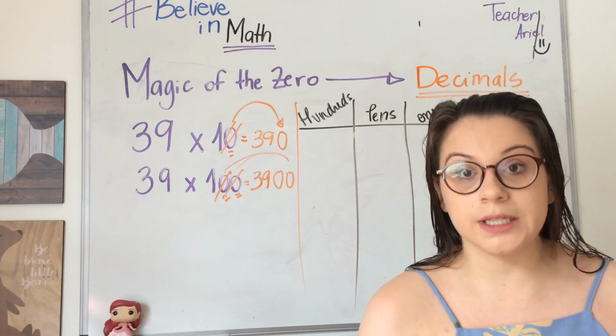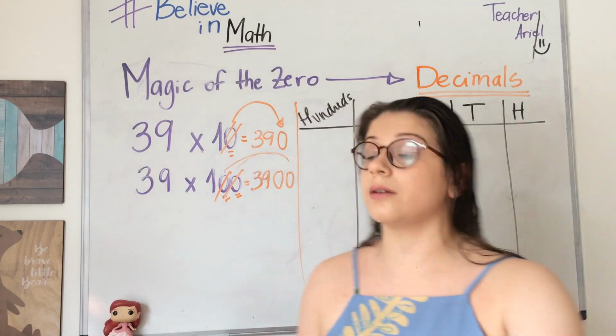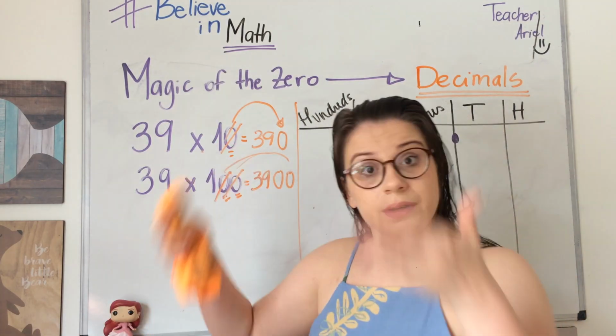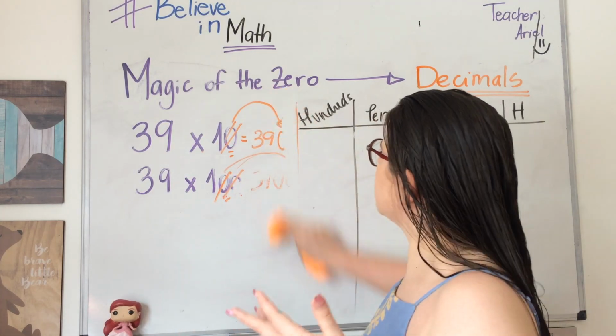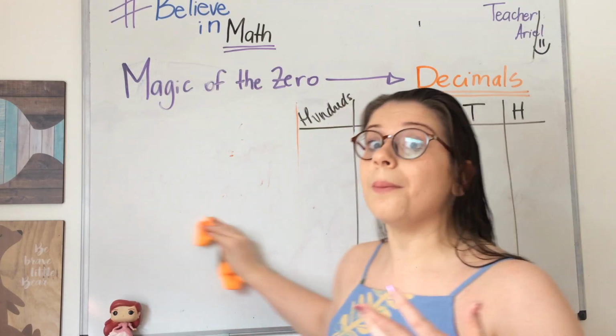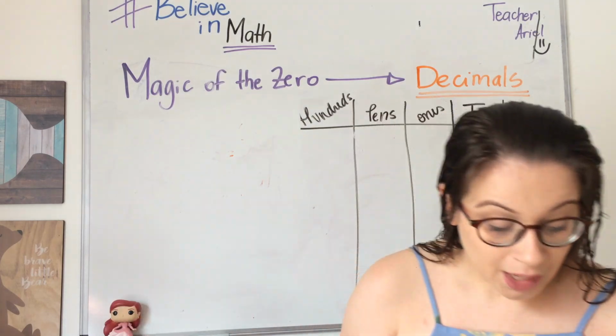So the magic of the zero is a trick that we can use to multiply factors that finish with 0 in a faster way. I don't even need to go to the vertical strategy. If I want, I can, but it is a trick that even helps us with mental math. So, always have in mind the magic of the zero.